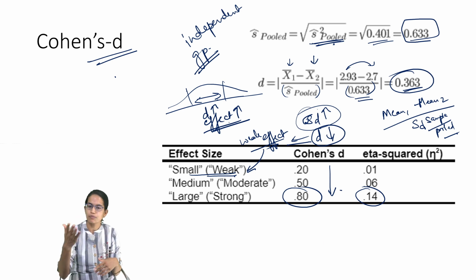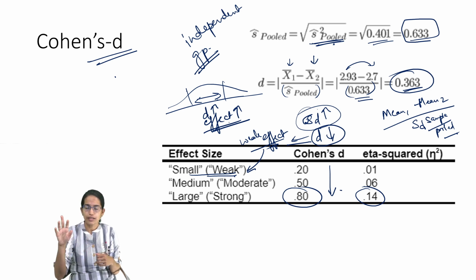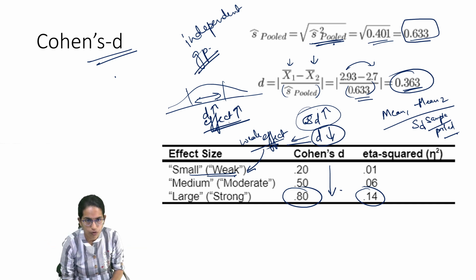In the case of unpooled, we would go with S1 squared divided by n1 plus S2 squared divided by n2, under a root. That's how we calculate it, as we have seen in the formula already in the case of the t-test.